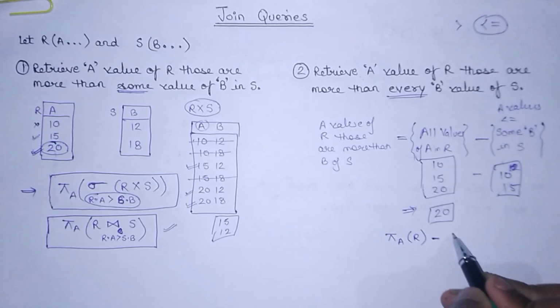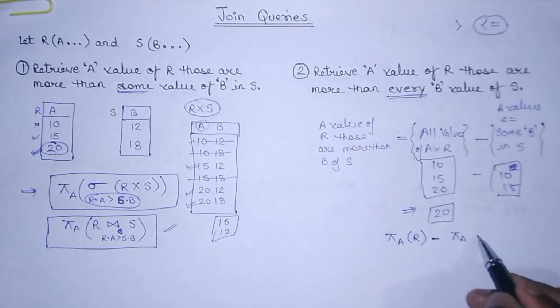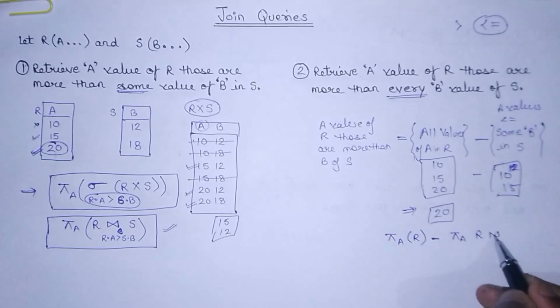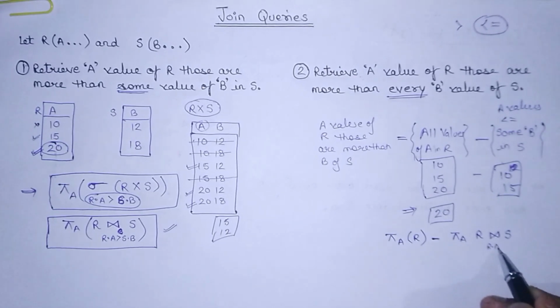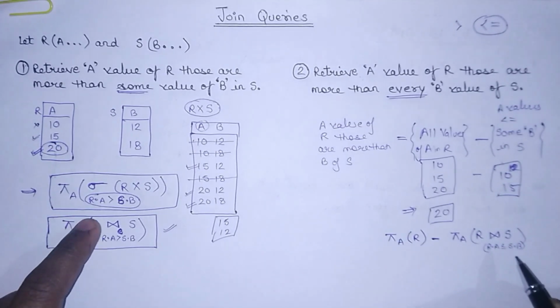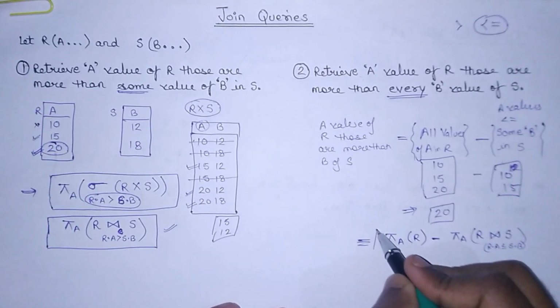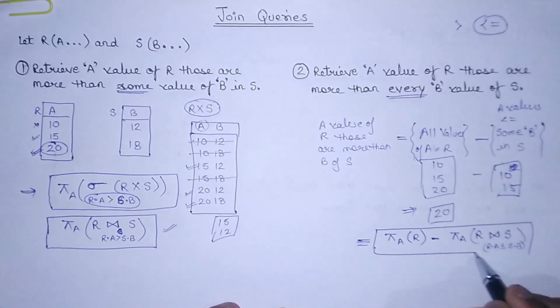Now we have to project the A values from R join S with the condition R.A less than or equal to S.B. So this is pretty much the same as this, you can see, but the only difference is the condition. So this will be the query for the second statement.